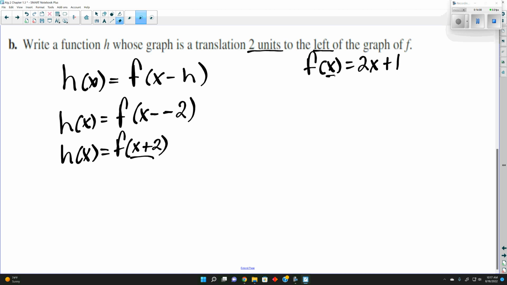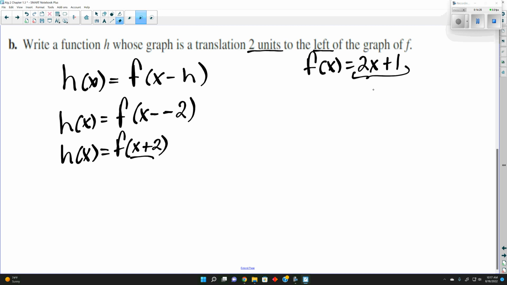I have f of x plus 2. I replace the x with what? X plus 2. So on this side of the function, everywhere there's an x, because I replaced this x with x plus 2, yes? So anywhere there's an x over here, I'm going to have to replace it with x plus 2.